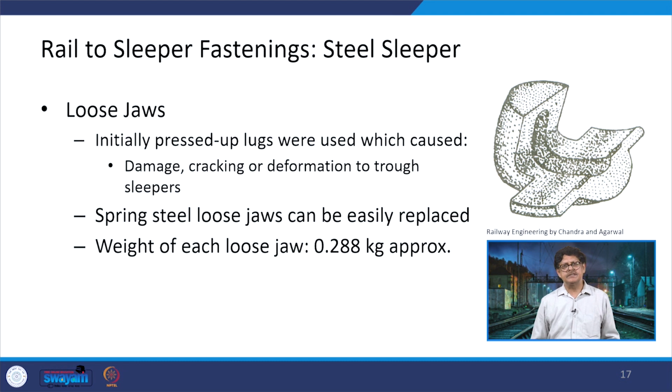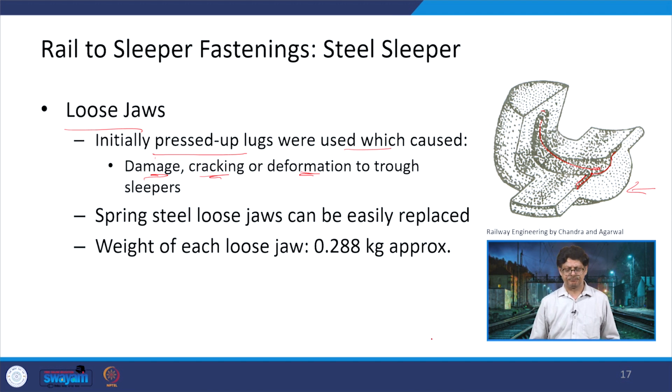In the case of steel sleepers, one thing which is used is a loose jaw. You can see here this is a loose jaw which has a grooving here, and then the rail is going to be seated here, and finally there will be some device with the help of which the tightening will be done. Initially, pressed-up lugs were used, which caused damage, cracking as well as deformation to the trough steel sleepers.